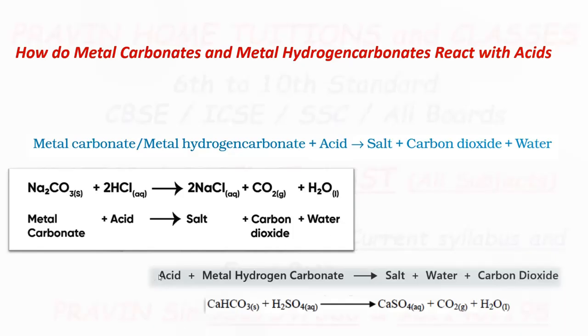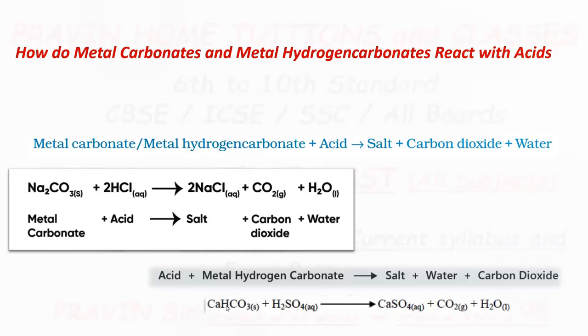Then next, when acid reacts with metal hydrogen carbonate, they form salt plus water plus carbon dioxide. Now, see the example. Calcium hydrogen carbonate, Ca(HCO3)2, when reacted with H2SO4, which is an acid.